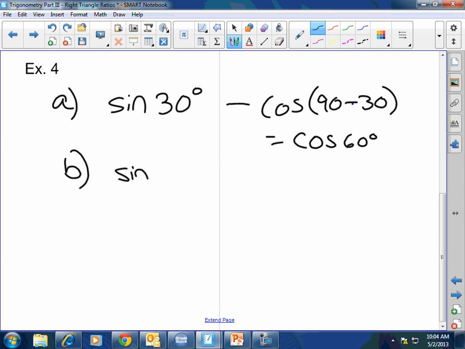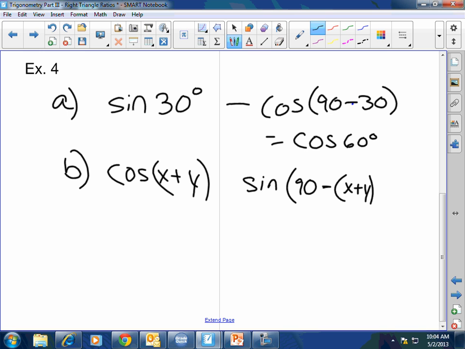Cosine of x plus y. Thank you. So this is going to be the sine of 90 minus x plus y, which equals sine of 90 minus x minus y after you distribute it.